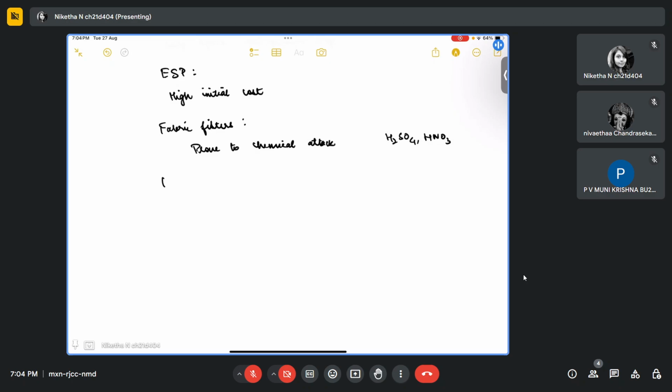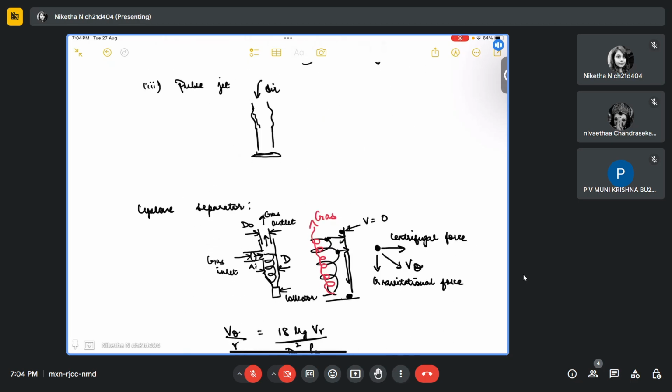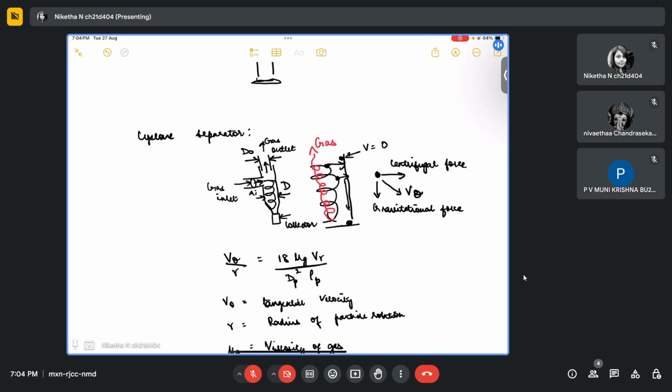And then when it comes to cyclone separators, they are inexpensive and easy to maintain. But one disadvantage of using a cyclone separator is that your particles should be sufficiently big.